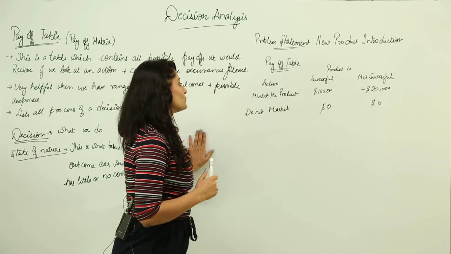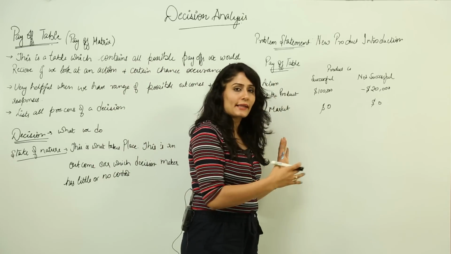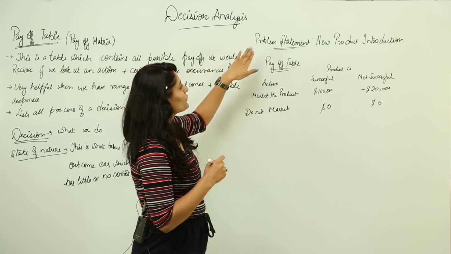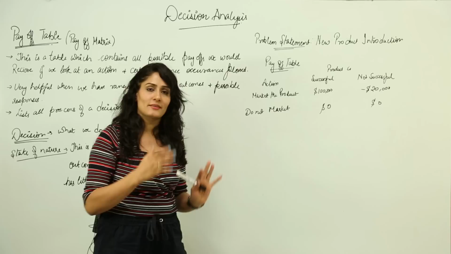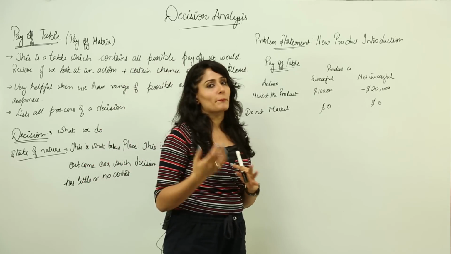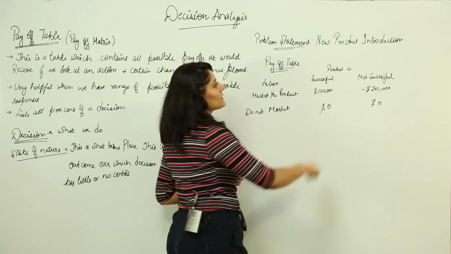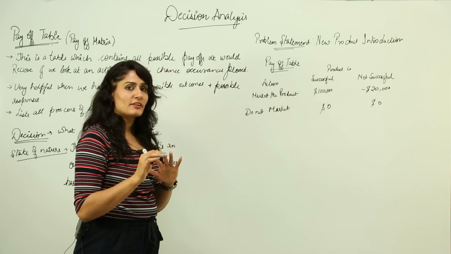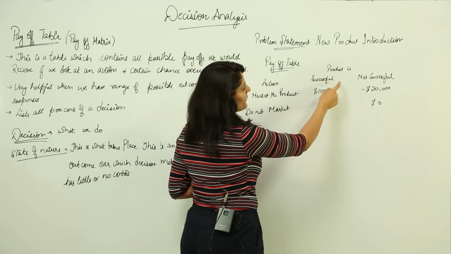Coming back to my example, where I will show you how to calculate everything, my problem statement is the same. I am going to use the same problem statement and solve it in two parts. The first one is a very simple one, and then we will complicate it a bit. The problem statement is new product introduction, right? And the payoff table for this, for the initial stages, has the action and whether the product is successful.